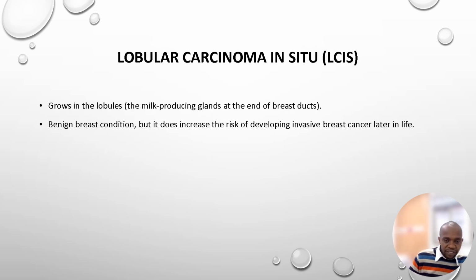Lobular carcinoma in situ: remember the lobules are the milk-producing glands at the end of the breast ducts. This is a benign breast condition, but it does not increase the risk of developing breast cancer.